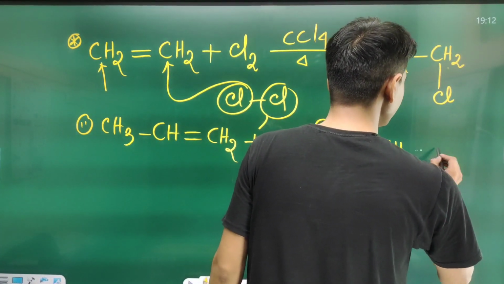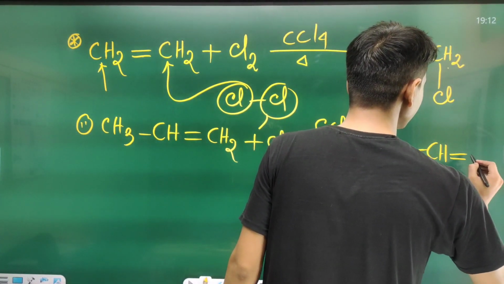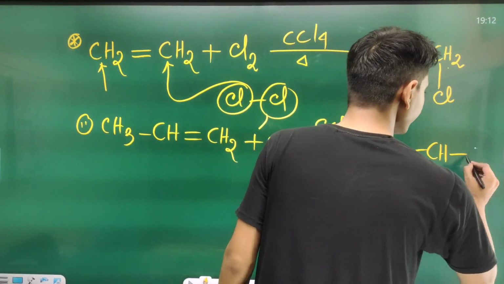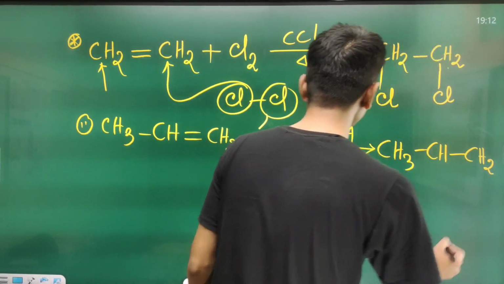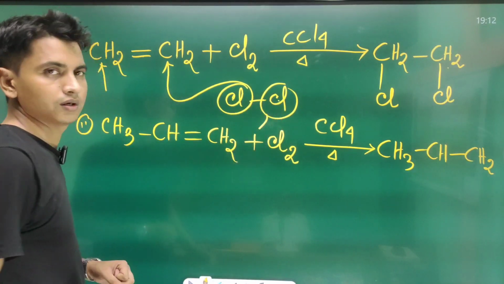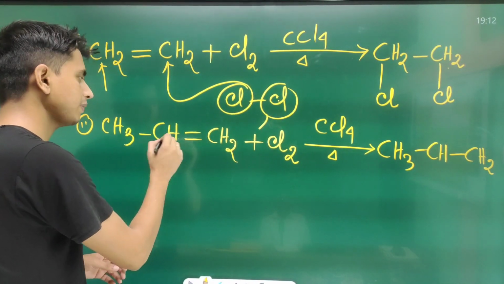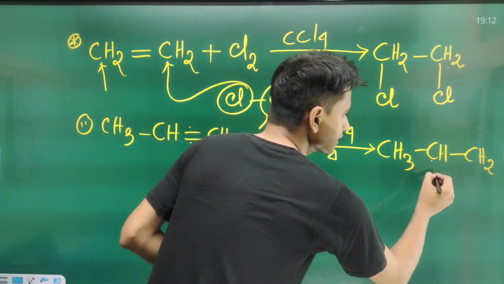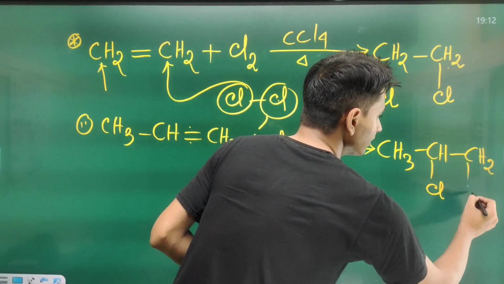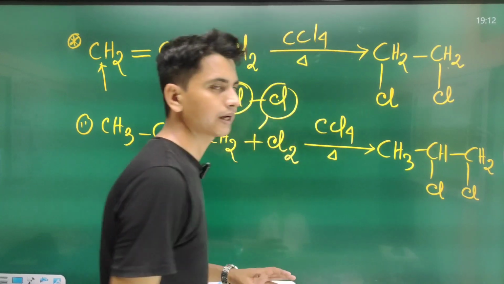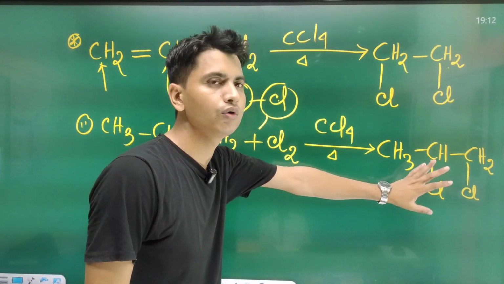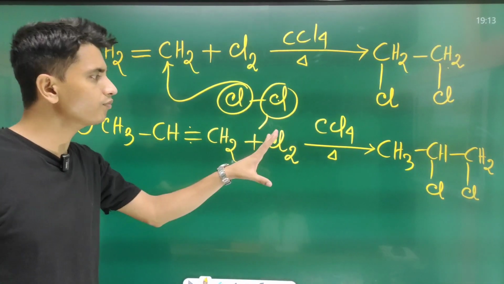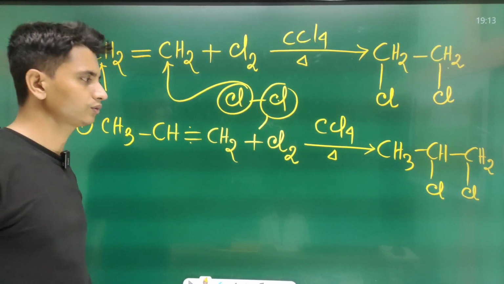Suppose CH3, CH, single bond, CH2. Now we have to add Cl at those particular carbon atoms where the double bond was present. One Cl, and another Cl will be introduced on the other carbon atom. And in this way, we will get haloalkane. This is done from alkene compounds.